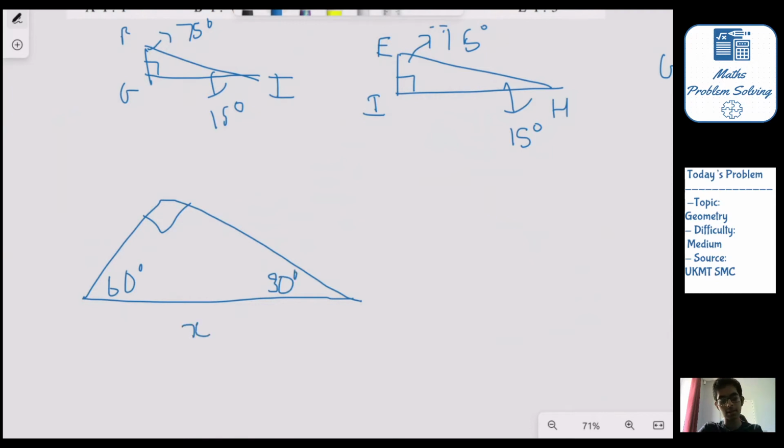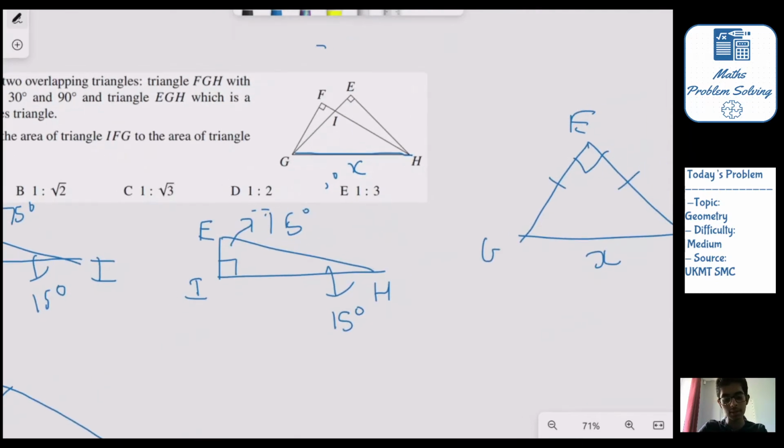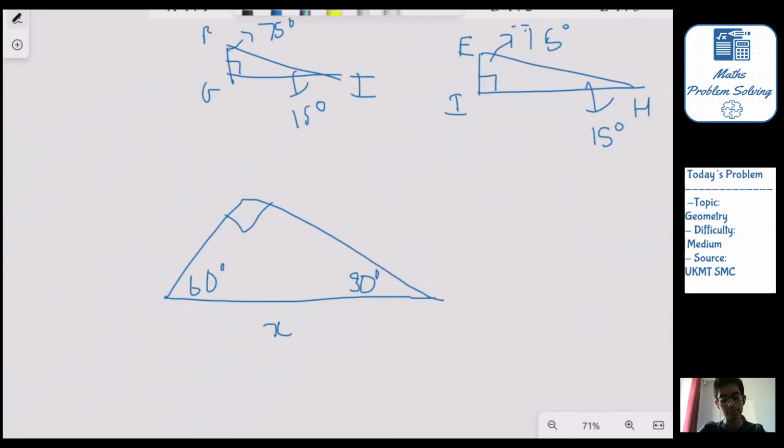This is x. So now if we go back to our diagram, we're trying to work out what FG is based on this triangle over here. So let's just label this as b, with F, G, and I.